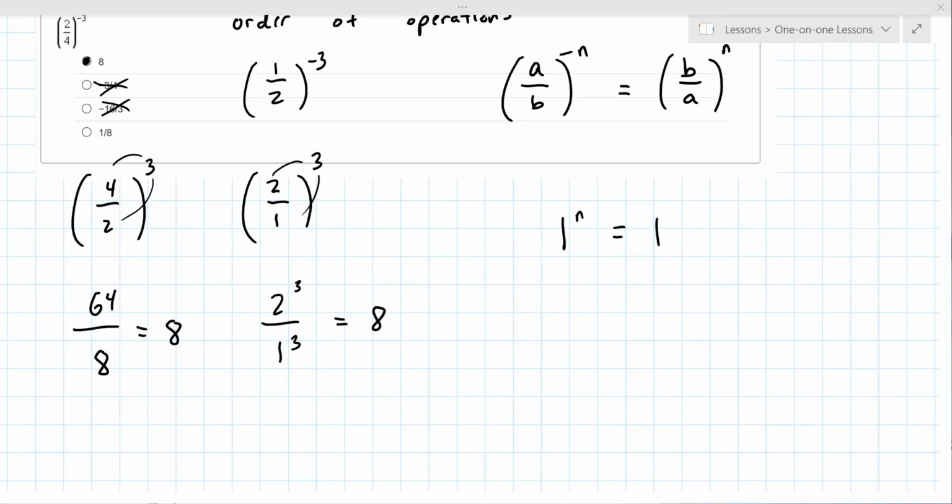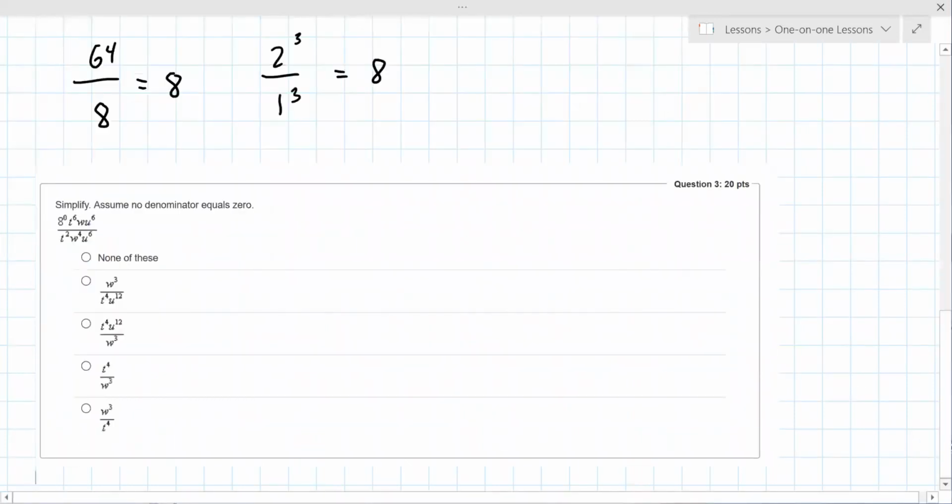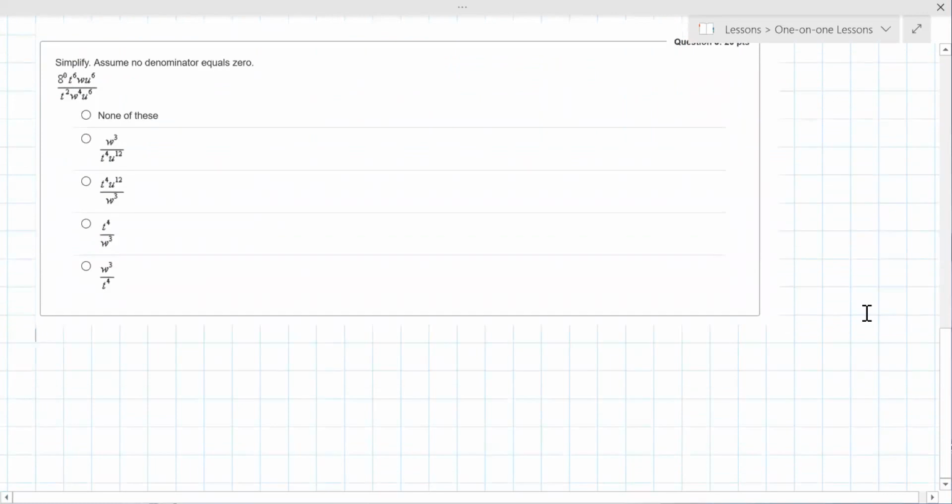All right, so question 3 is kind of more intense here. It's got a lot more going on. Okay, assume no denominator equals 0. I have no idea why that's saying that. All right, so there's a bunch of things going on.